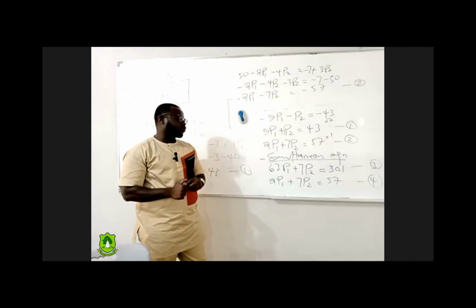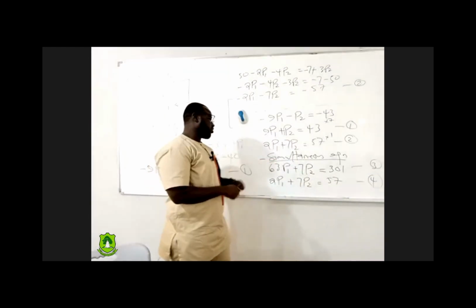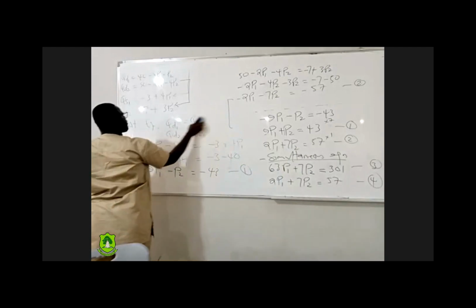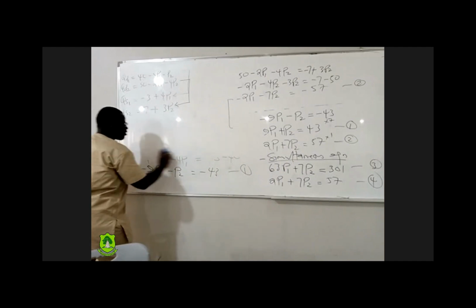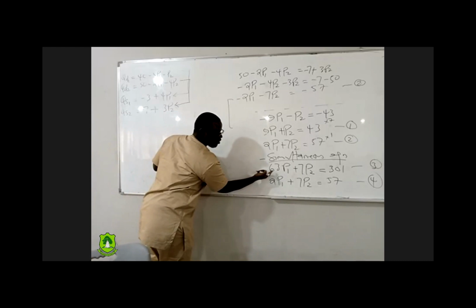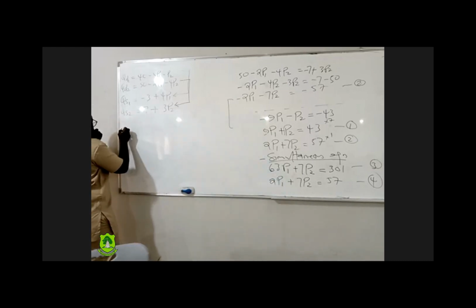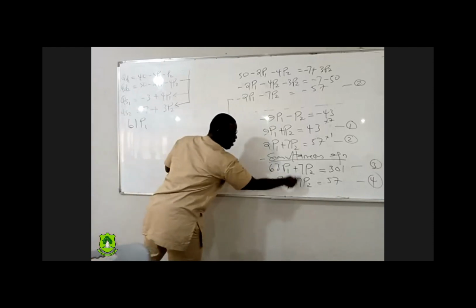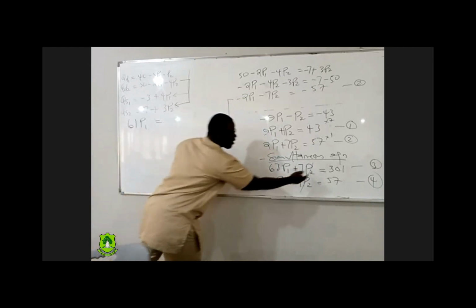We subtract equation 3 from equation 4, so it means this one minus this. Is that not it? So what will you get? 61P1. This one minus this will be 0, so this will be eliminated. So this one minus this, what will we get?